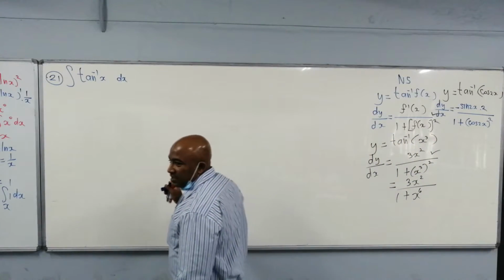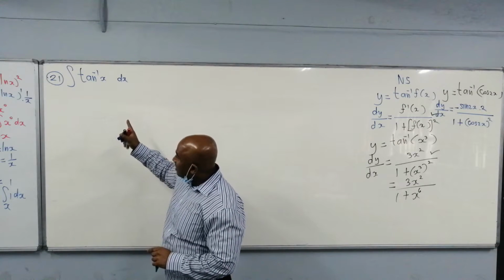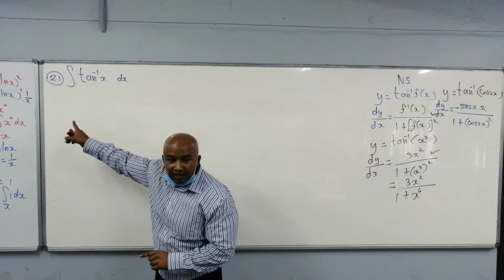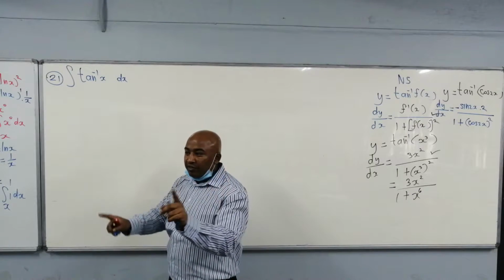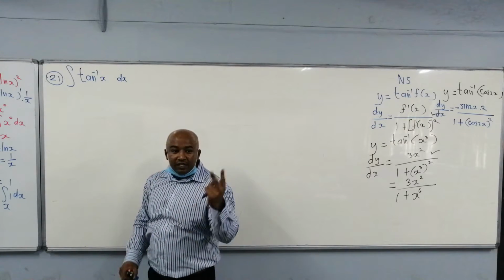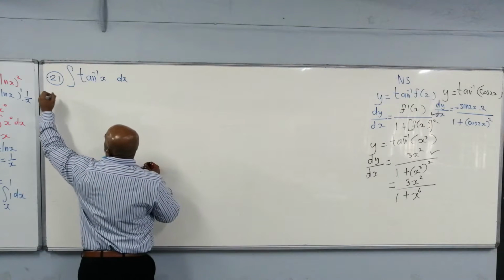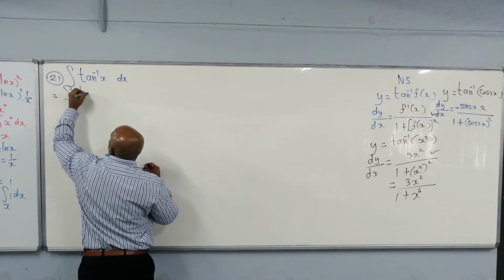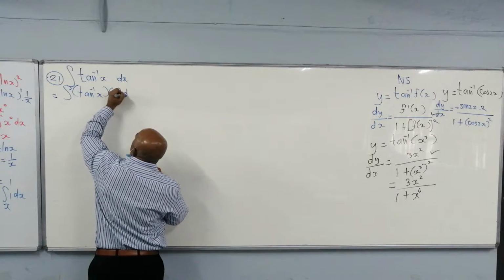Alright, so now let's see how we're going to do it here. Now the question is not differentiate inverse tan, it's integrate inverse tan. So remember, you're looking for multiplication, just like how we did ln x. You need two factors here. There's only one factor, which is inverse tan. So what you do is, you write it as inverse tan x times 1.